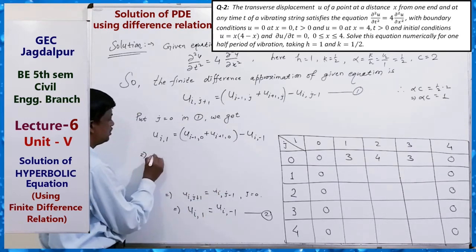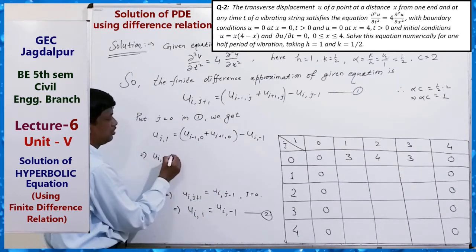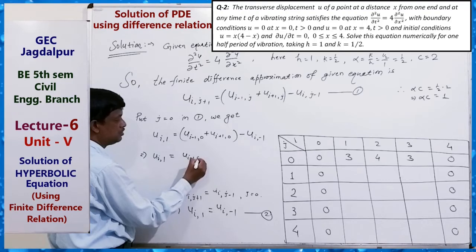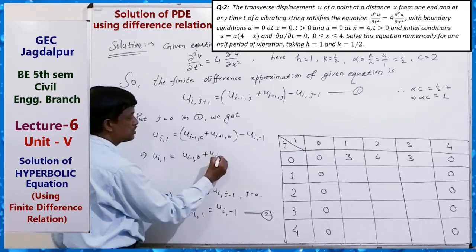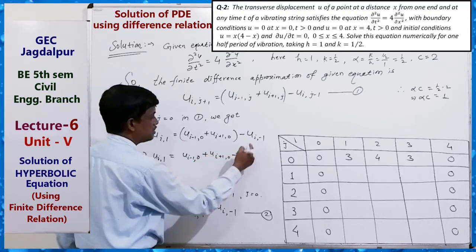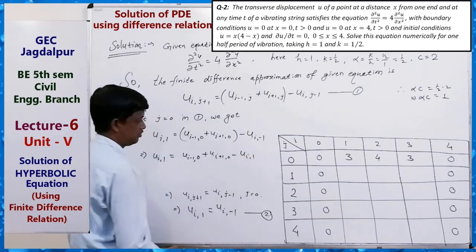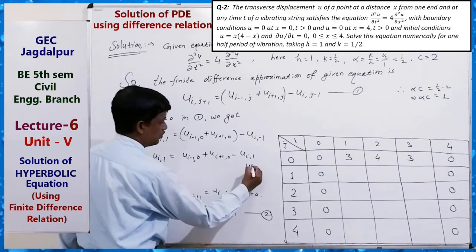So this implies u_i1 equals u_i-1,0 plus u_i+1,0 minus, in place of this just write u_i1 using 2.